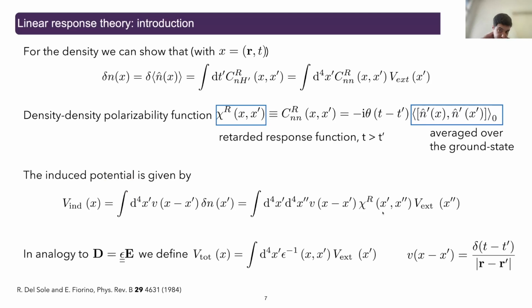With this in mind, for the specific case of the electron density, we can write the change in the ground state density given by this expression, and we define chi as the retarded density-density response function.